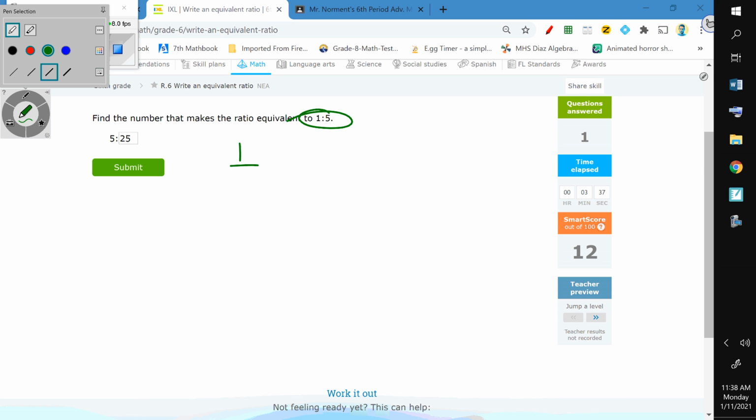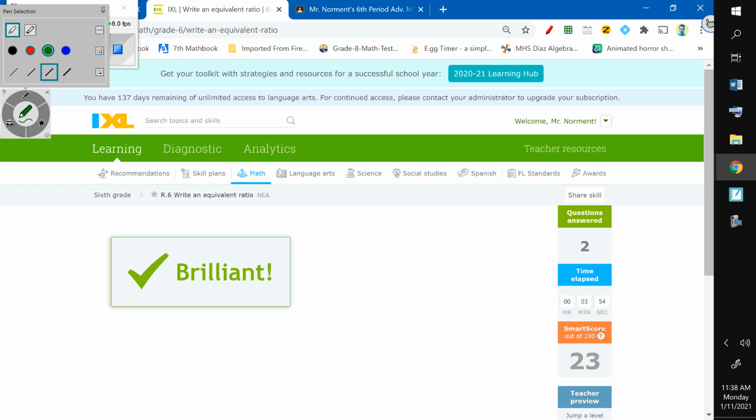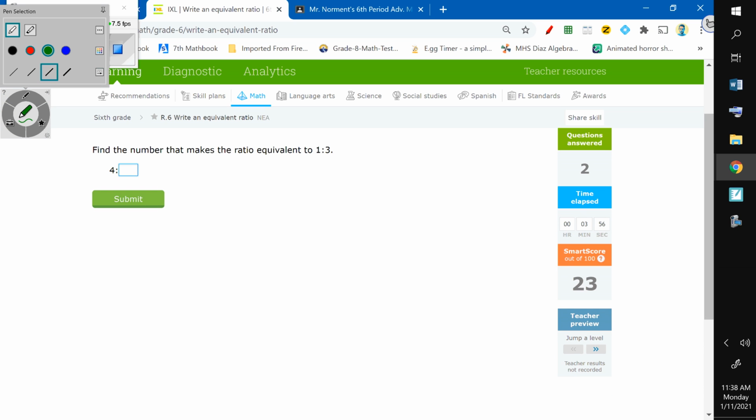So let me do it one more time, okay? Convert this to a fraction. Convert the second ratio to a fraction. The box is last, so it's going to go at the bottom. And then 1 times 5 equals 5. So now I'm just going to bring the same thing down here, and I'm going to multiply, and I get 25, and there's my answer. Submit. And again, convert that to a fraction.